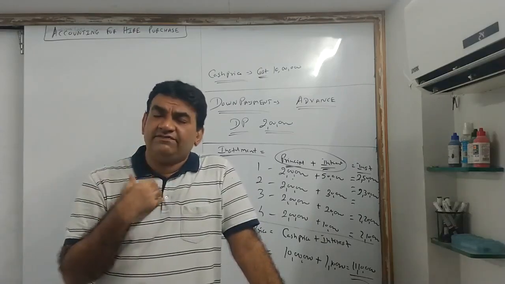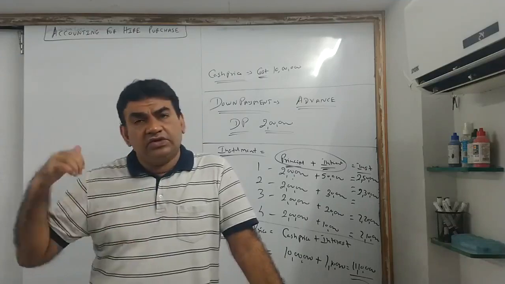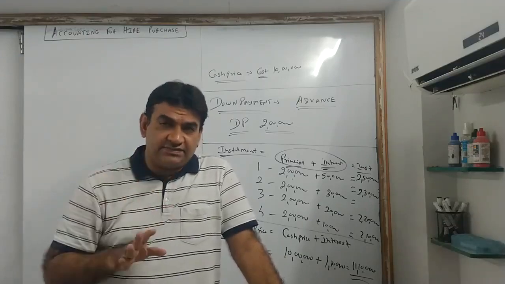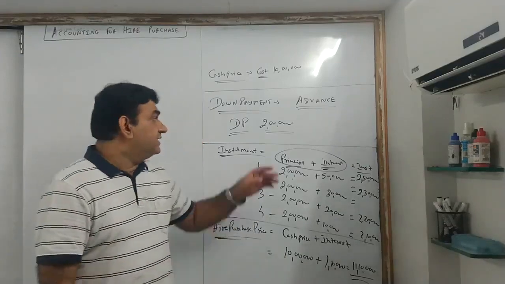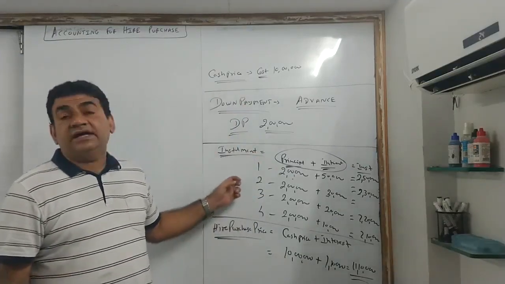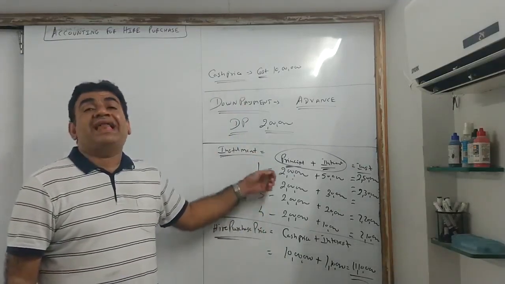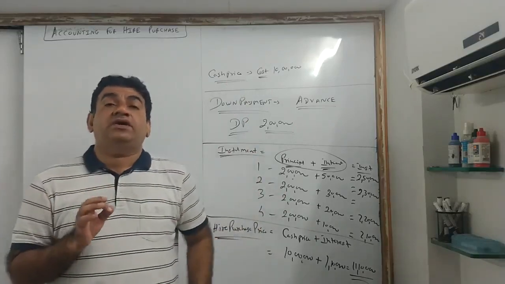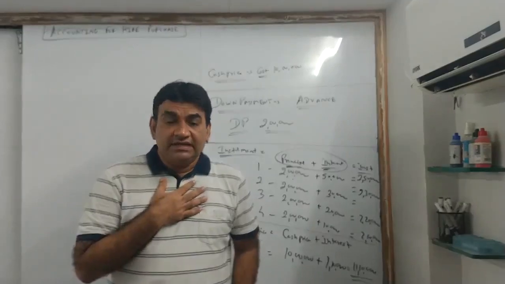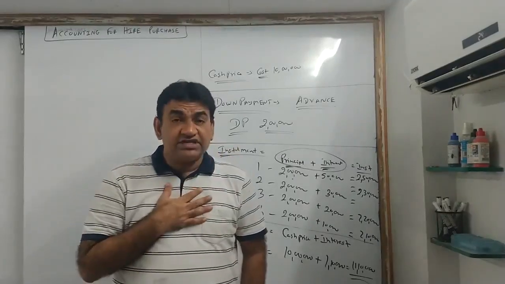Your college must have shown you a different way. Don't worry, do as per my way. Every college accepts that. It is there in a few authors' books also. With that statement, we will see how to calculate the hire purchase price and how to calculate the installment. That is a very interesting part of this chapter. Clear? So this is the concept of the chapter.